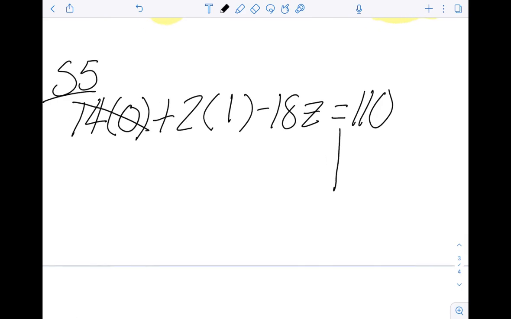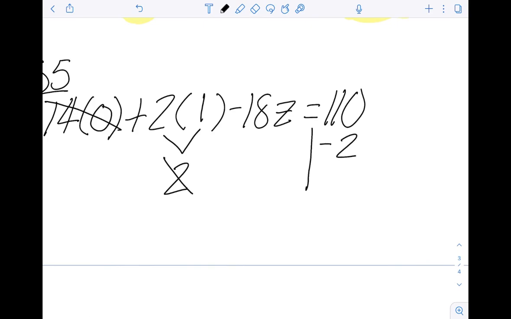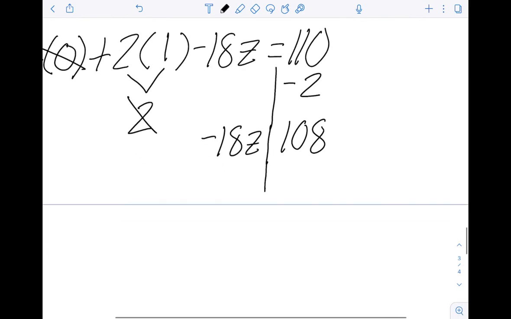14 times 0 is 0. I got lucky with that one. 2 times 1 is 2. I'm going to move the 2 over as minus 2. So I get negative 18z. 110 minus 2 is 108. The opposite of multiplying by negative 18 is dividing by negative 18, excuse me.